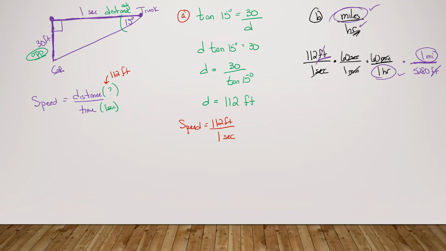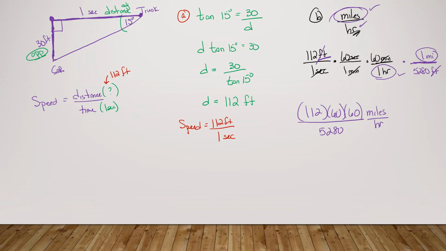Cool? All right. Now I know what to do with my numbers. I simply have to multiply these 3 numbers together, and I know this will be miles. And I have to divide by this 5,280, and I know that will be hours.